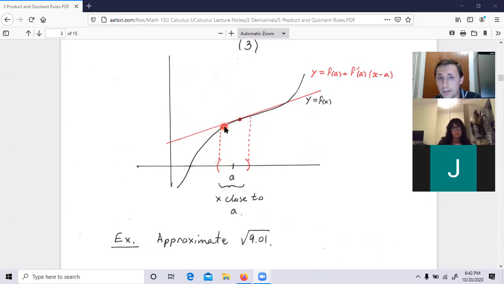And that would be the value of the function at this x. And instead, you can take this x and plug it in and get this value on this red line. And they are close. There is a distance between them. They're not the same, but they are close. And if my left and right walls are very close around A, I'm expecting the precision to improve.